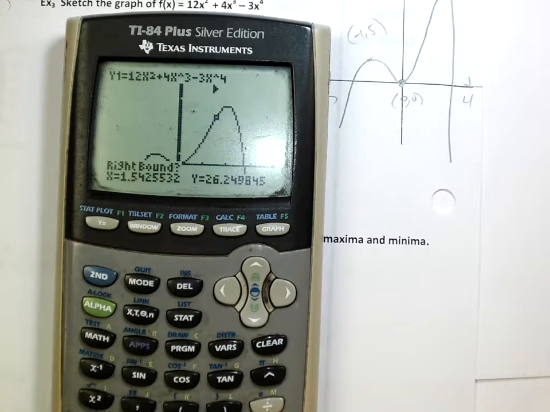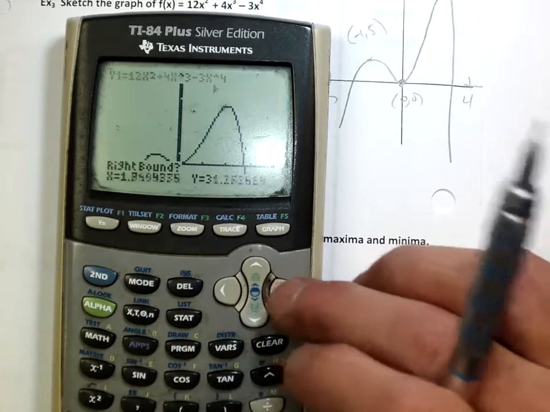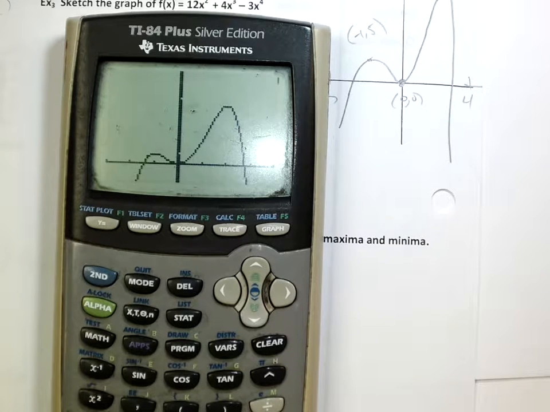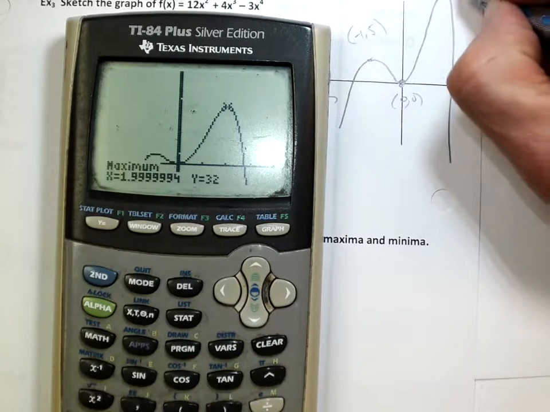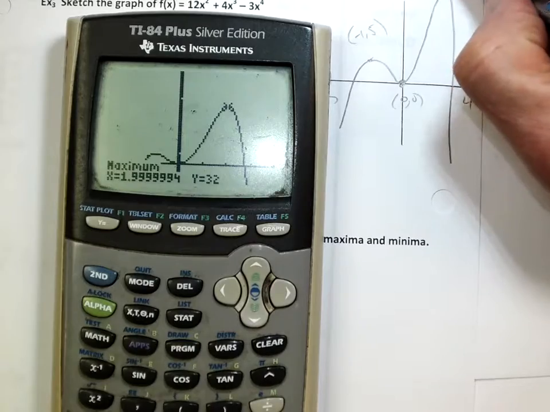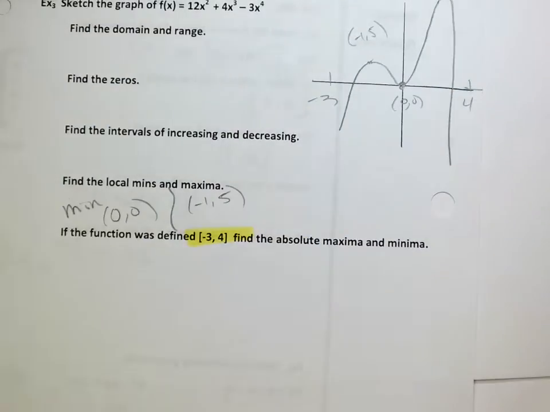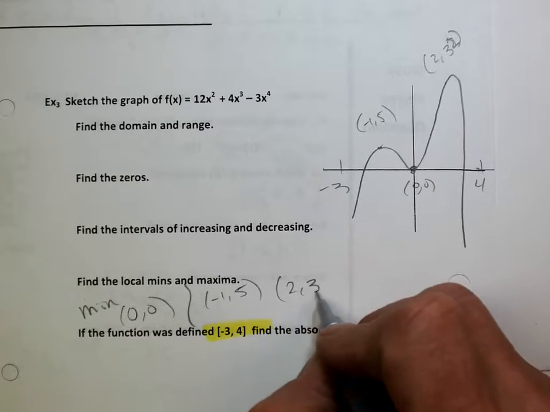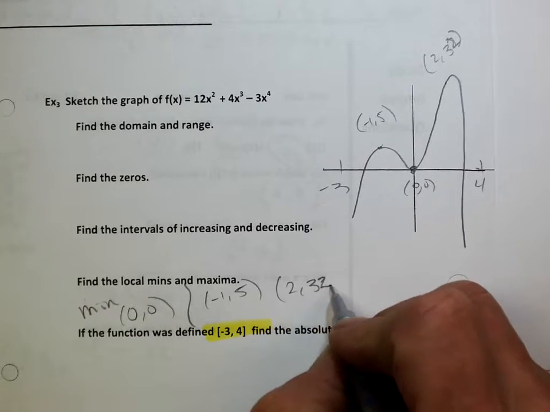Right-hand bound, right there. Enter. Lock it in. It's 2 and 32. So I've got a local max at 2, 32. How am I doing?